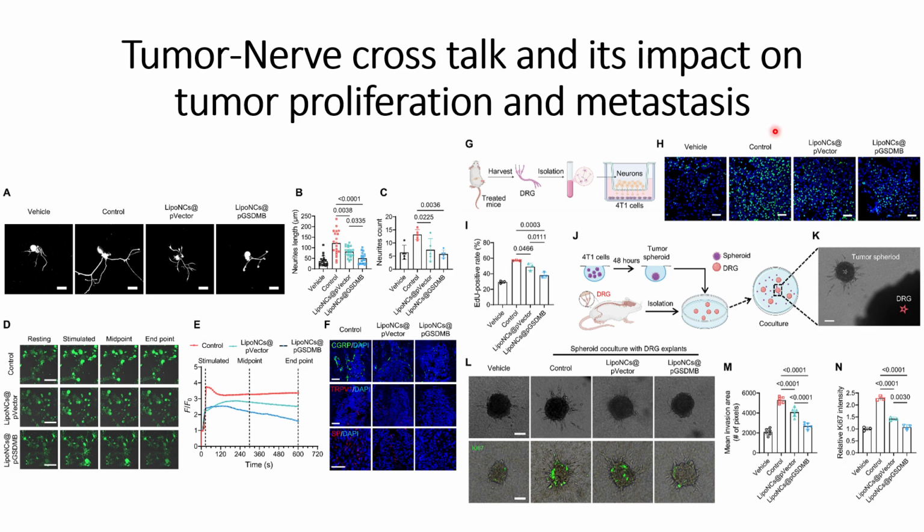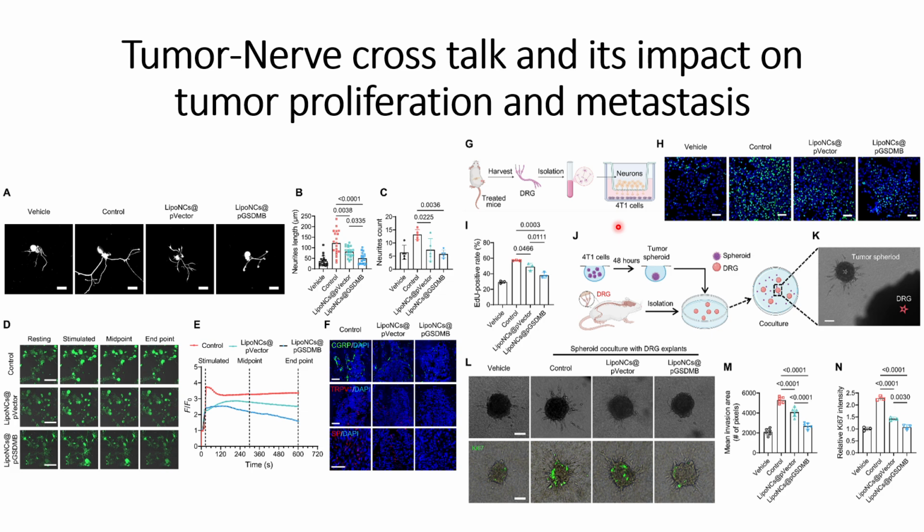They can see that for the control the signal is high, and for Lipo-NC-pGSDMB the signals are low. They quantified these in panel I from panel H, and you can see that the EdU positive rate goes down with Lipo-NC-pGSDMB compared to the control, and also compared to the Lipo-NC with empty vector.